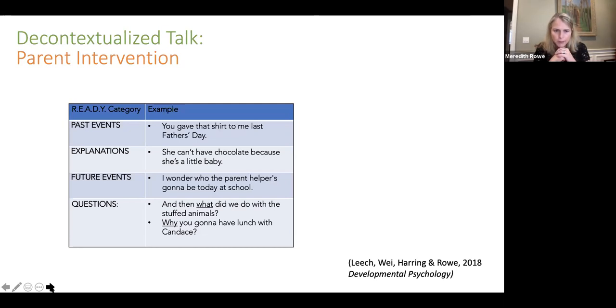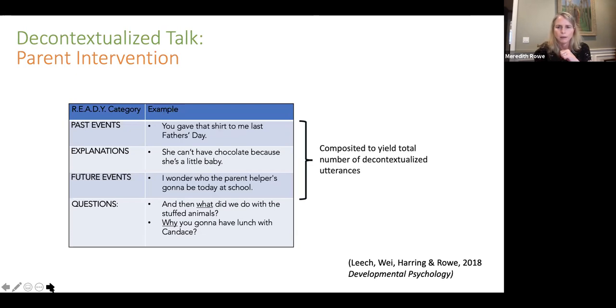And then open-ended questions, like what did we do with the stuffed animals, or why are you going to have lunch with Candace? We took all of these together and put them in a composite that we called decontextualized language utterances. And then we used longitudinal modeling to see if there was any change over time by group.